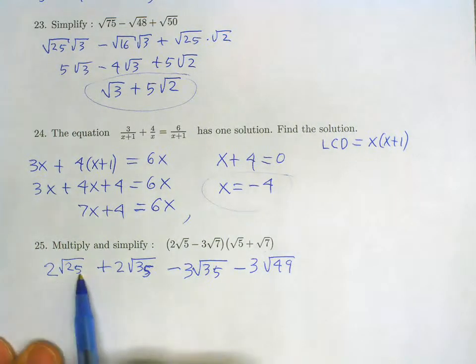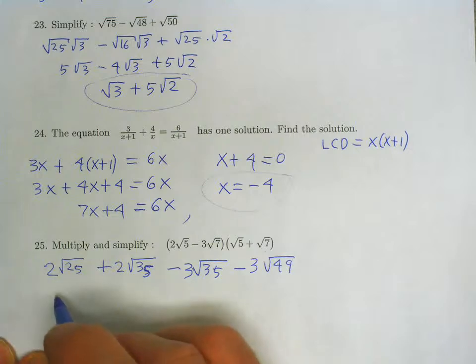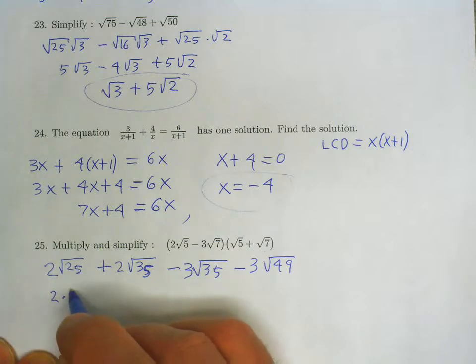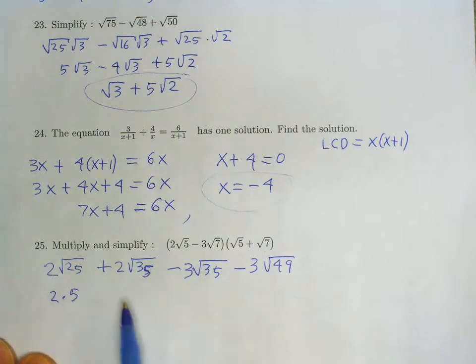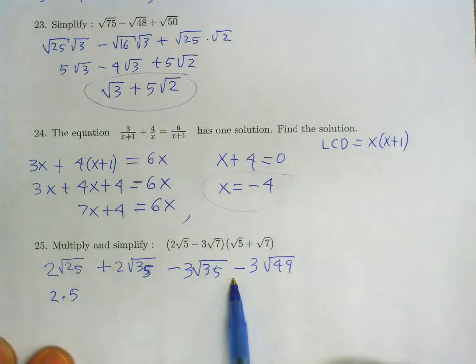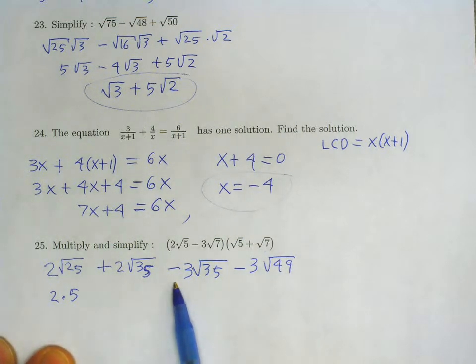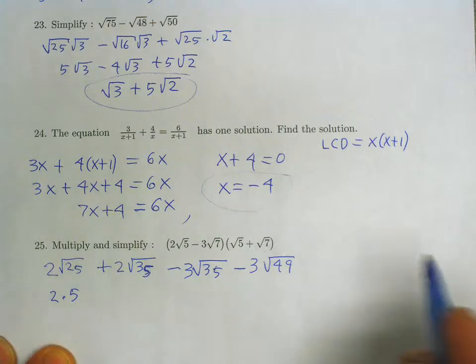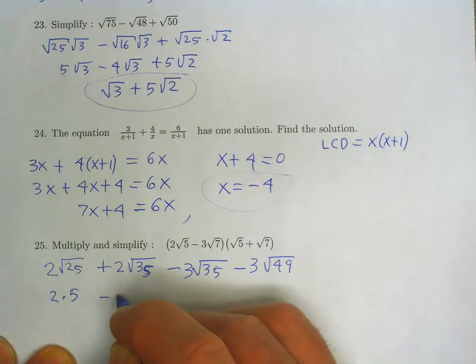Okay, 2 times the square root of 25 simplifies in the first step to 2 times 5. The next two radicals are like radicals, so we can combine them by adding and subtracting. So plus 2 times the square root of 35 minus 3 times the square root of 35 simplifies to minus the square root of 35.